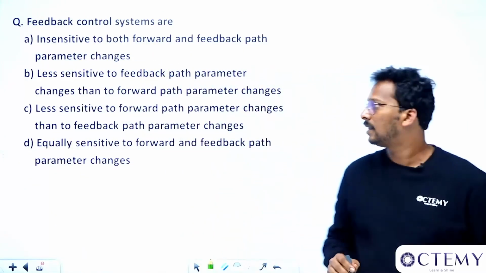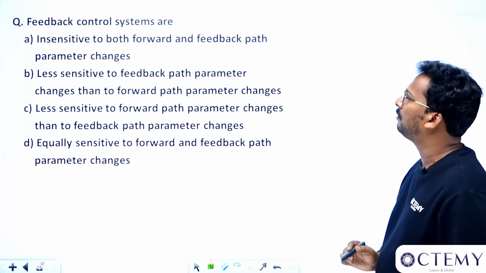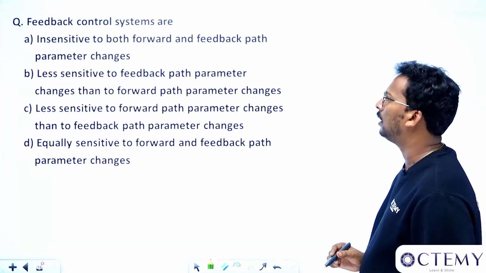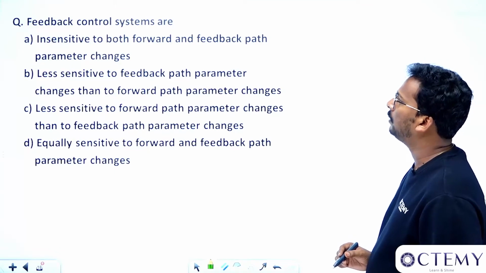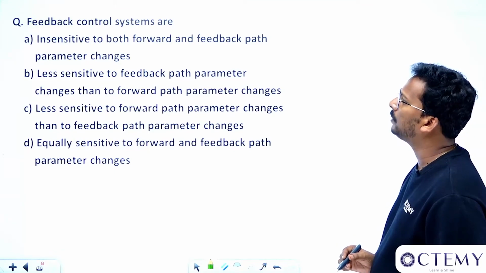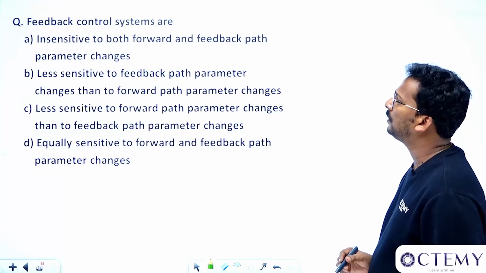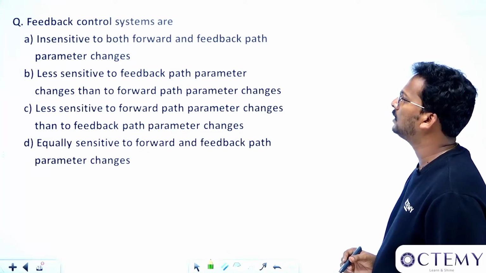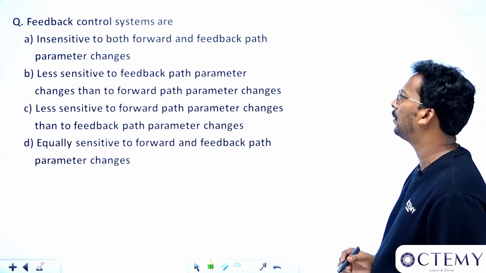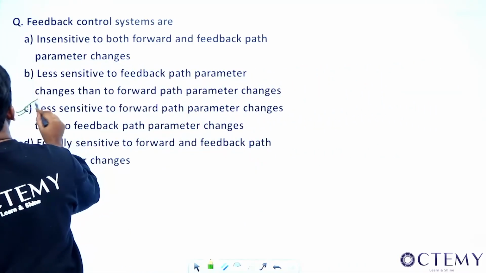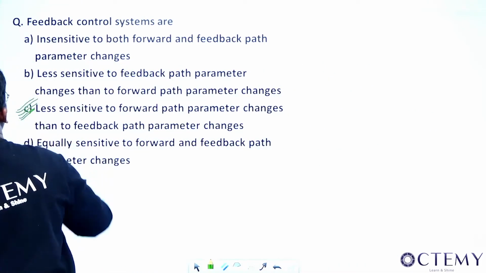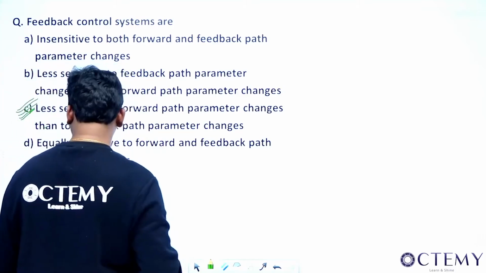Next, if I look at the next question, it says that the feedback control systems are basically insensitive to both forward path and feedback path parameter changes, or less sensitive to feedback path parameter changes than to forward path, no, less sensitive to forward path, then this is the answer, sir. Right? So these are all problems on sensitivity. So I have grouped them together and I gave this.